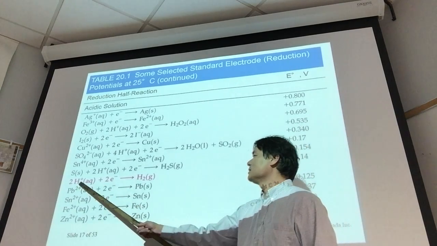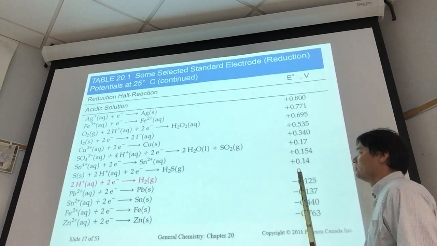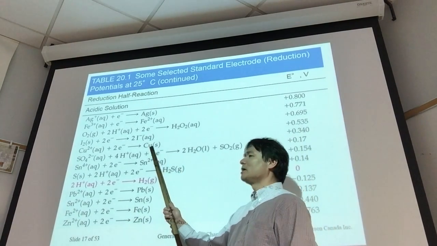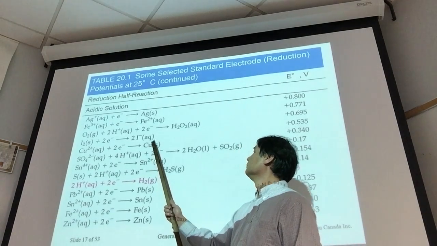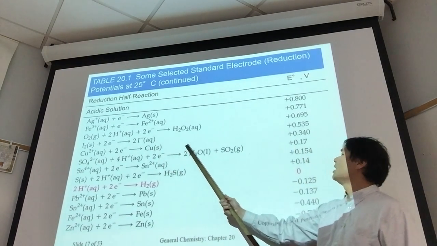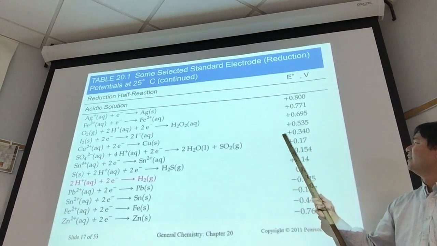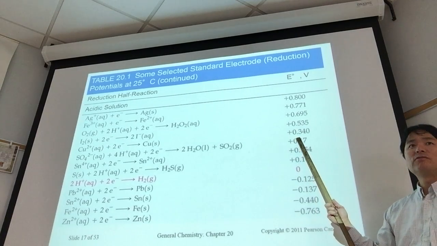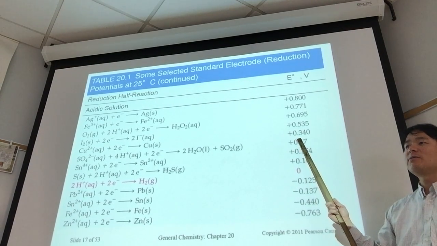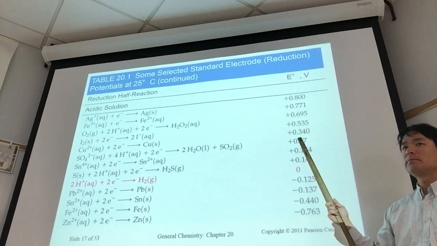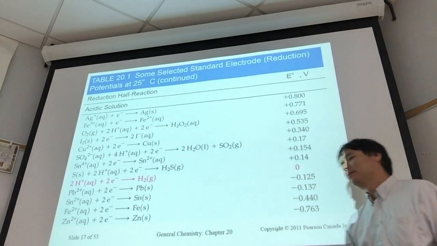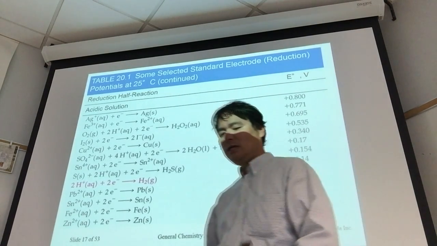H+ has a reduction potential of 0 volts. Copper has an oxidation potential of, well, what is the oxidation potential of copper? It's going to be negative 0.34 volts. That would be the oxidation potential of copper. Now, why don't I follow Petrucci the way he does it?